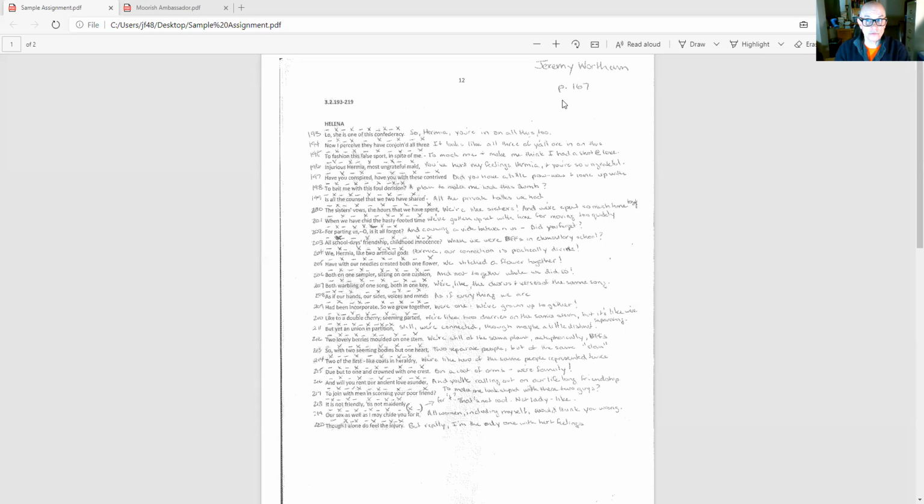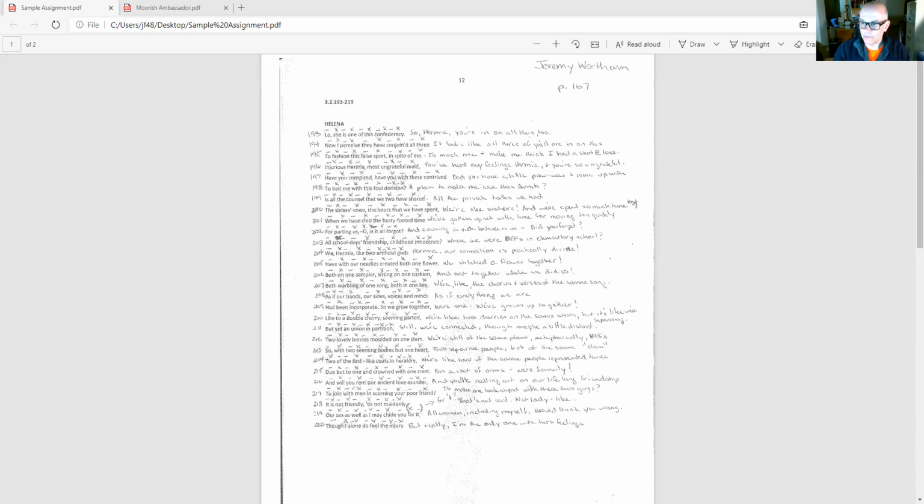I asked you, and this is very important, to put the page number in our textbook, the David Bevington edition, the page number where your assignment occurs. I asked you to number the lines of your assignment. I asked you to proofread your assignment against the textbook, and I asked you to begin the process of paraphrasing. And I described how to do that in my first lecture.